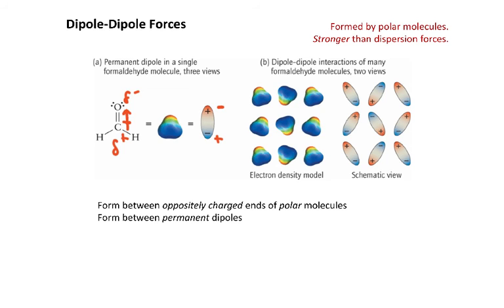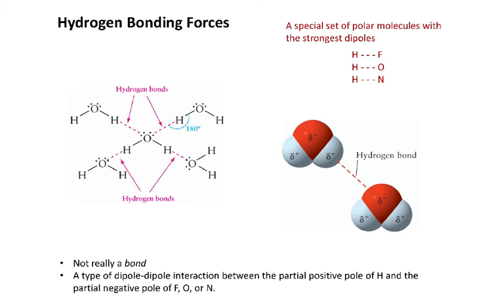Now the third type is what we call hydrogen bonding, and this is really just a special set of polar molecules that have the strongest dipoles. If you remember the trends of electronegativity in the periodic table, F, O, and N have the highest electronegativities. And so when they form bonds with hydrogen, that will be a very polar bond.